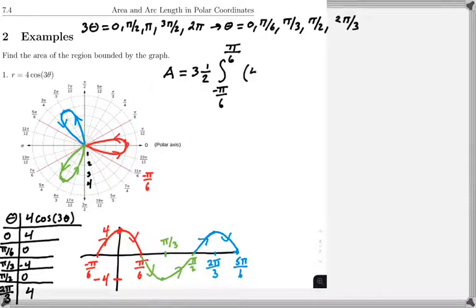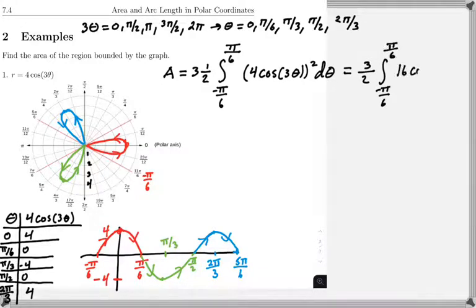And then it's going to be our function r, which is 4 cosine of 3 theta, squared, d theta. So it's going to give us 3 halves integral from negative pi over 6 to pi over 6 of 16 cosine squared of 3 theta d theta.